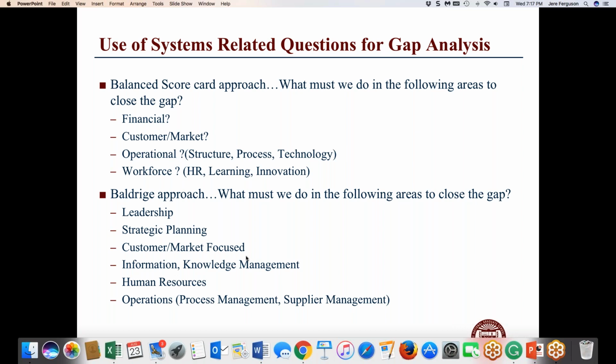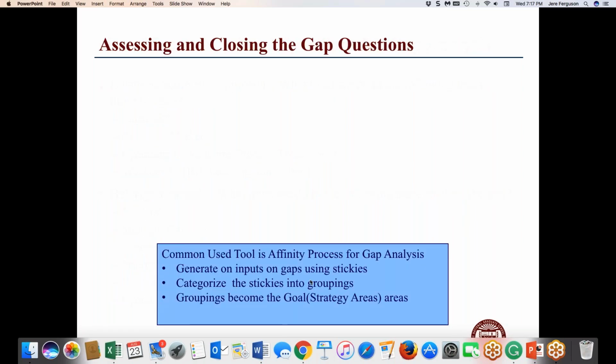You can't just simply say we need to be better at what we're doing or we need to reduce our quality numbers by 25%. That's not what they're talking about. Here we're talking about the parts of operations that do not currently exist that you need to expand, achieve, or acquire to be able to close that current state, future state gap analysis.